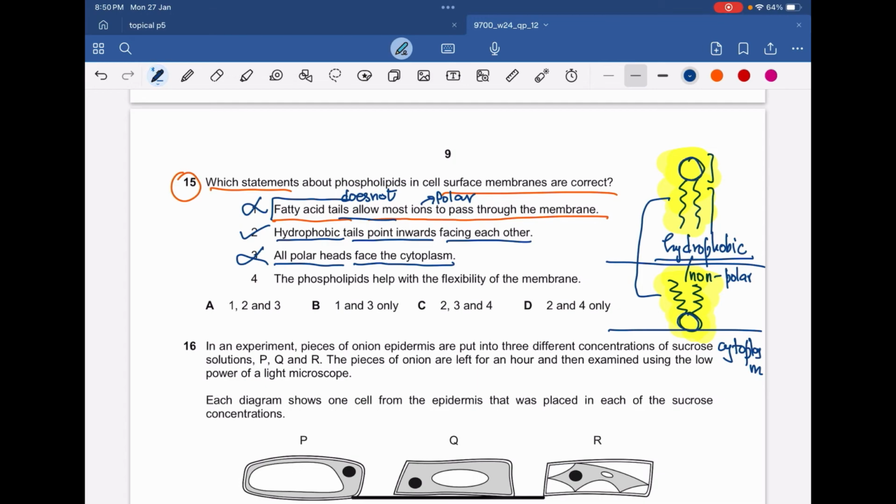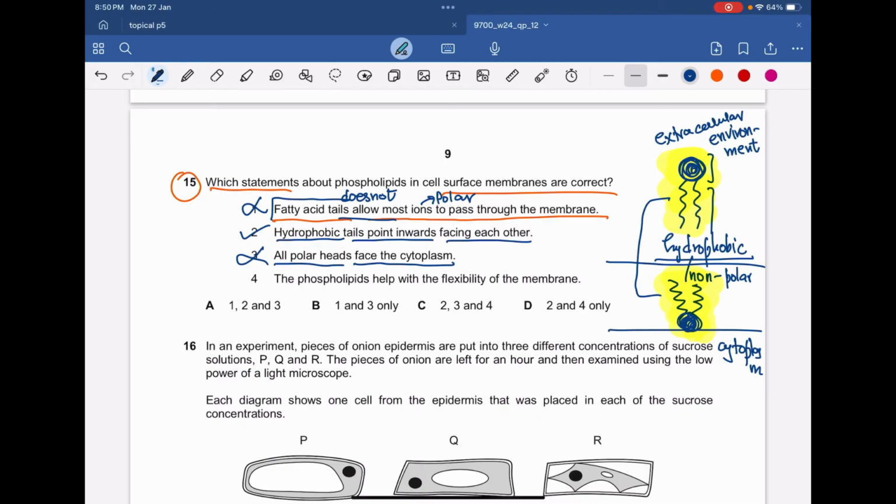The other head is facing towards the extracellular environment, right? The environment outside the cell. So one phospholipid head is facing the extracellular environment and one phospholipid head is facing towards the cytoplasm, right? Because the cell surface membrane is made up of a bilayer of phospholipids. So statement 3 is incorrect.